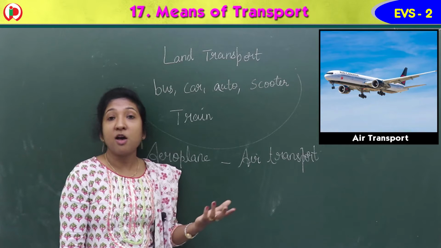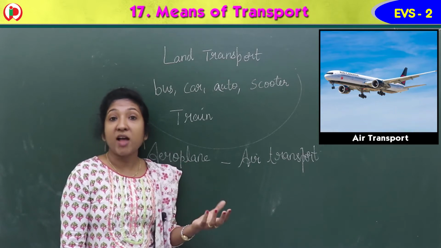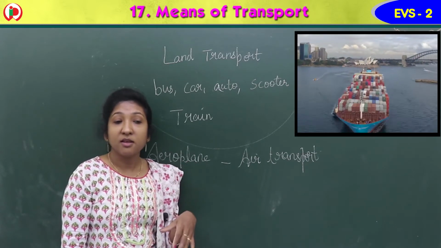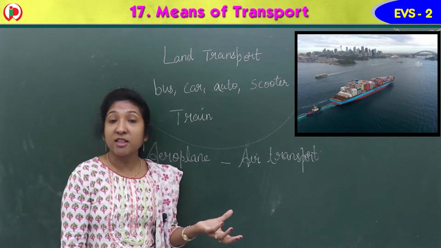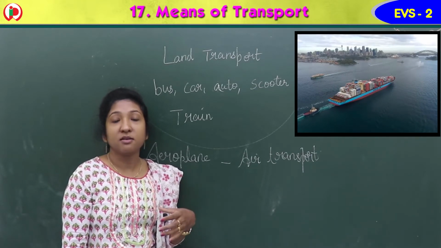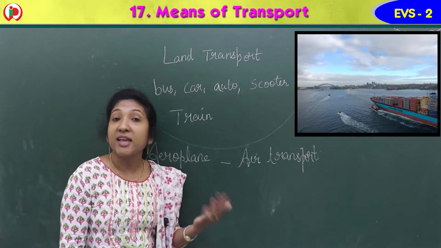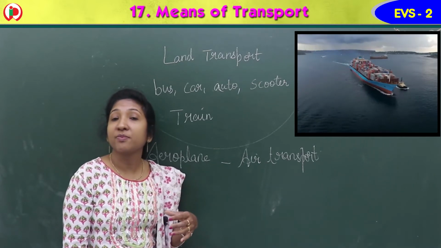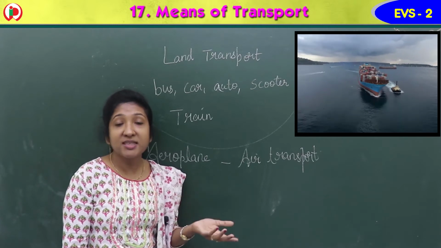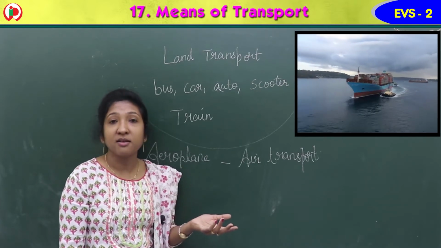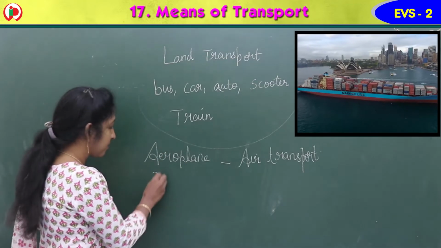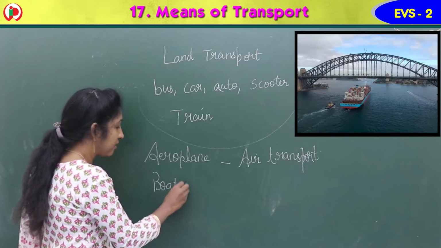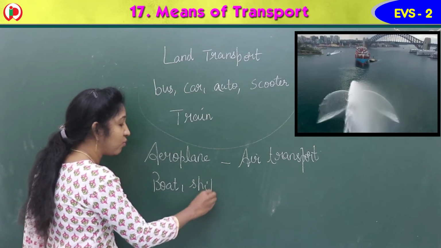Yes. Now there are transports that travel in water, that move on water. Which are those transports that travel through water? Yes, have you ever traveled in water? Yes, boat, ship, etc. travel in water.